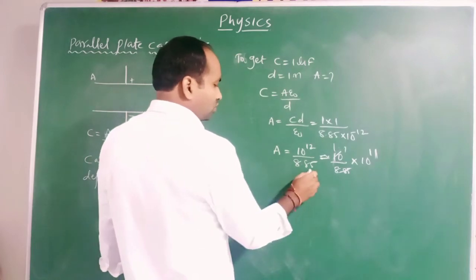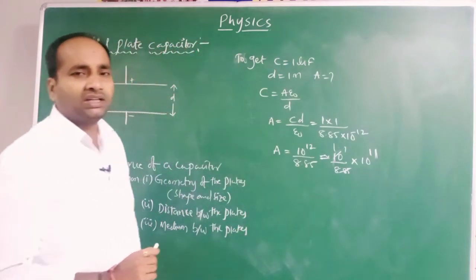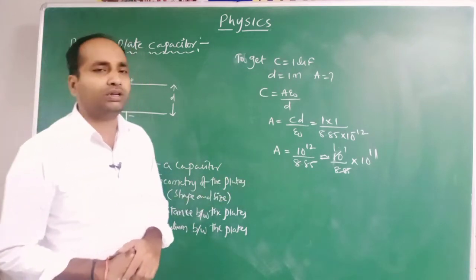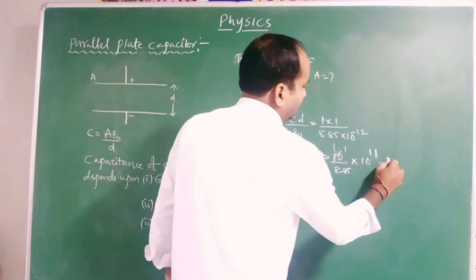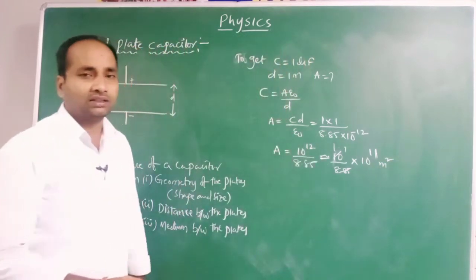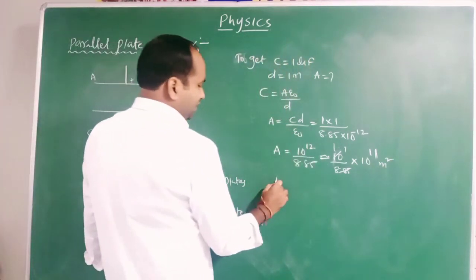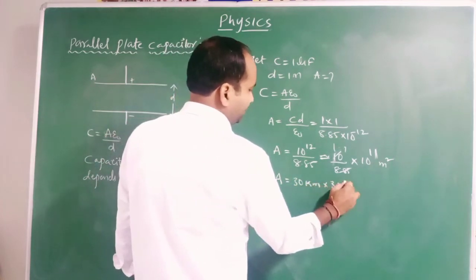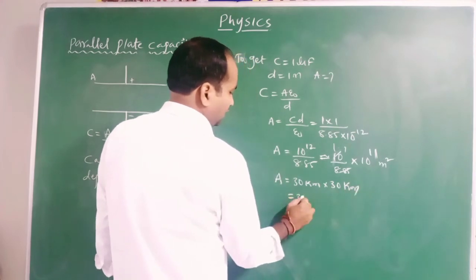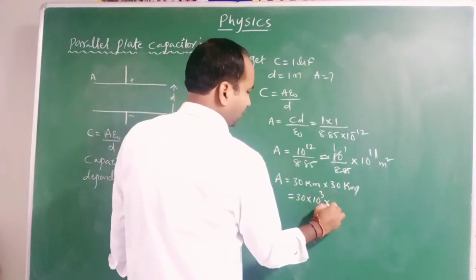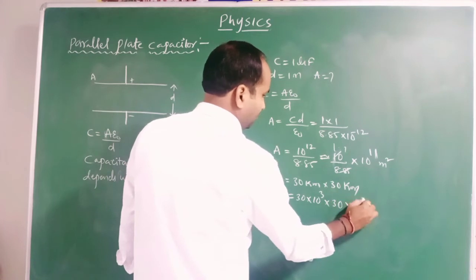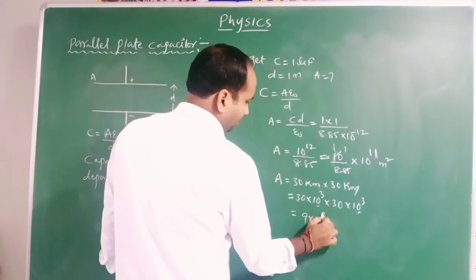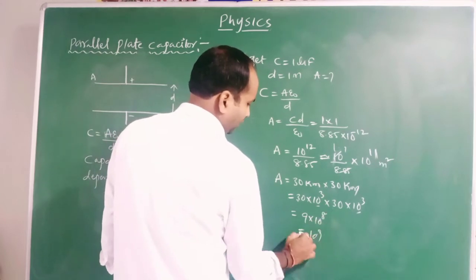That means approximately it is 30 kilometers of length and 30 kilometers of breadth. For example, 30 kilometers into 30 kilometers is 30 into 10 cube, again 30 into 10 cube, 3 into 3, 9 into 10 power 8, which is nearly 10 power 9 only.